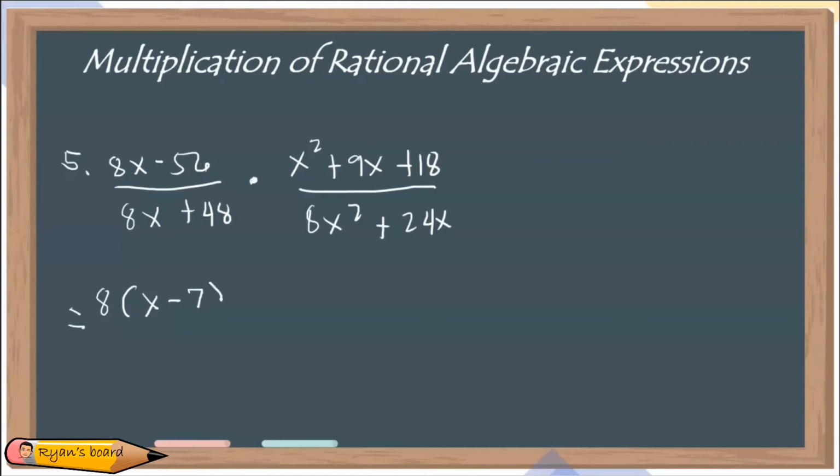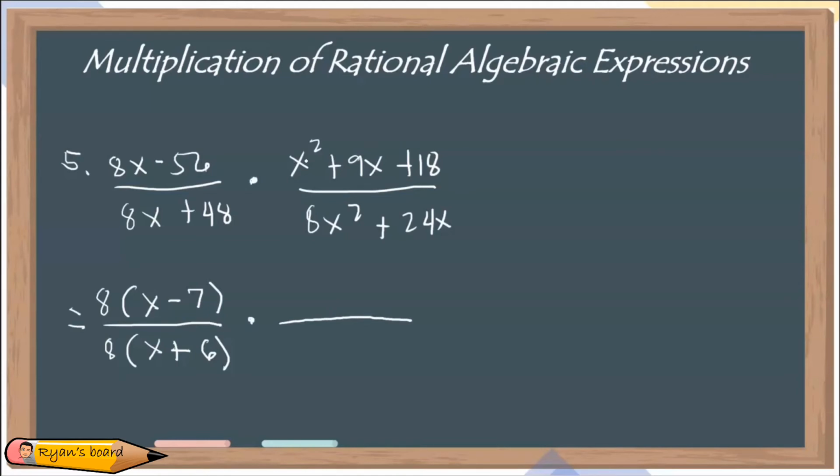That's 7. Okay. Now, let's go to the denominator. I think this is also common monomial factor. Ano ang GCF niyan? That's 8 din. 8x divided by 8, that's x. Copy plus. 48 divided by 8, that's 6.